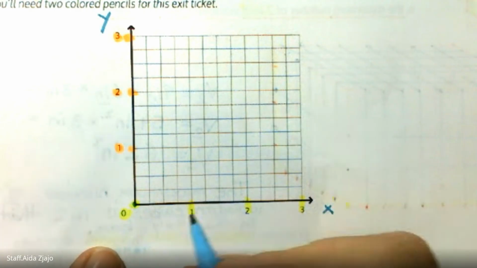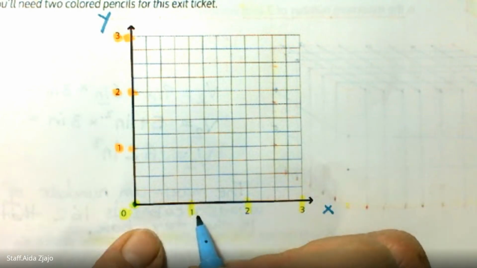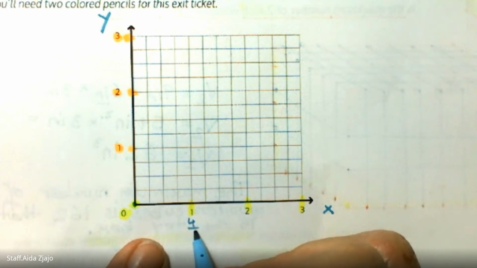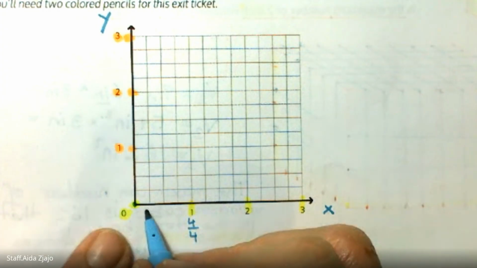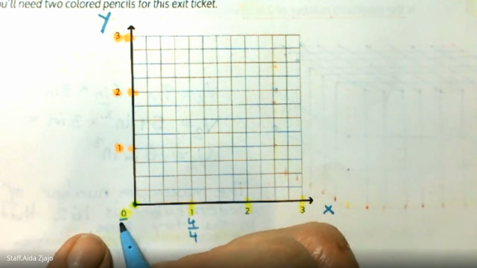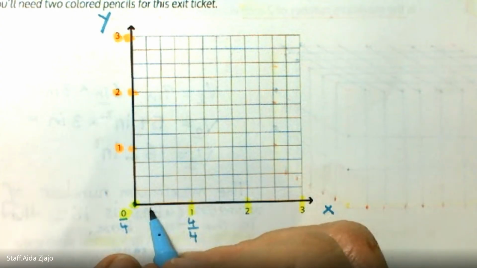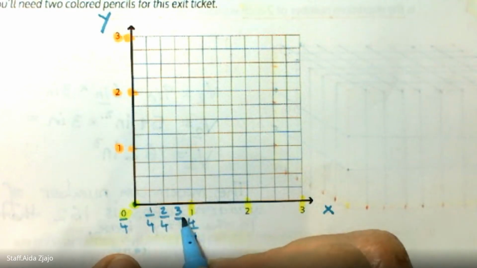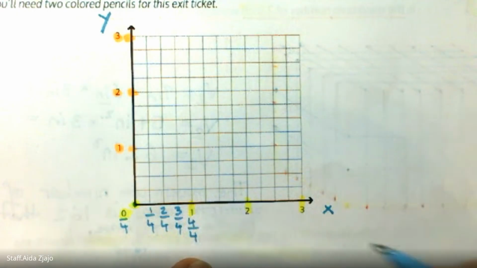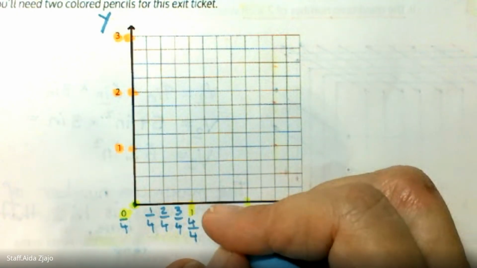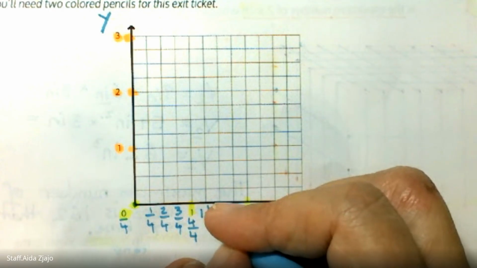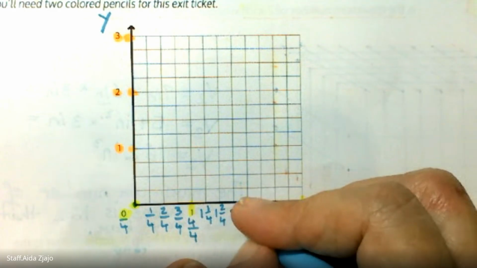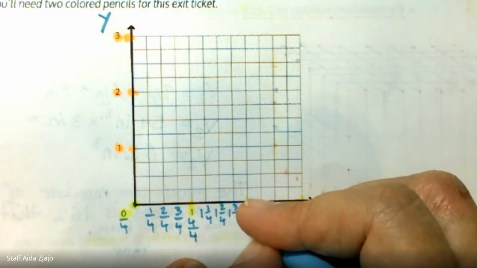So when we try to label it, we can see, okay, if this is a whole, that's 4/4. So this has to be 0/4. And this has to be 1/4, 2/4, 3/4, 4/4 whole. This has to be 1 whole and 1/4, 1 whole and 2/4, 1 whole and 3/4.